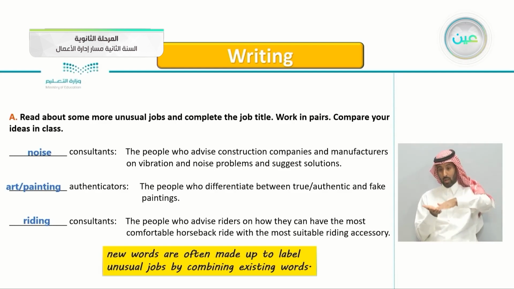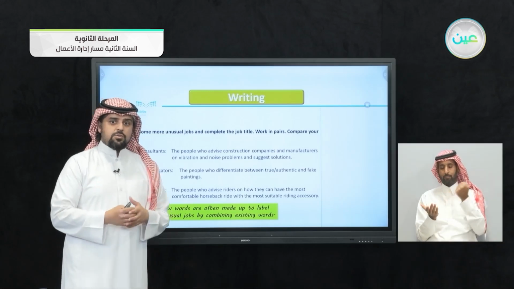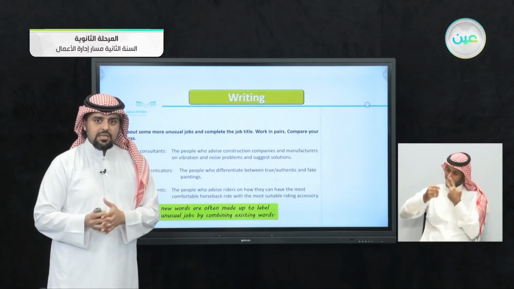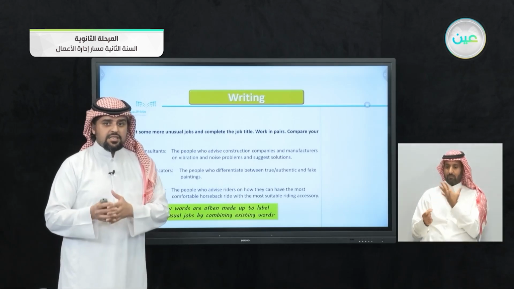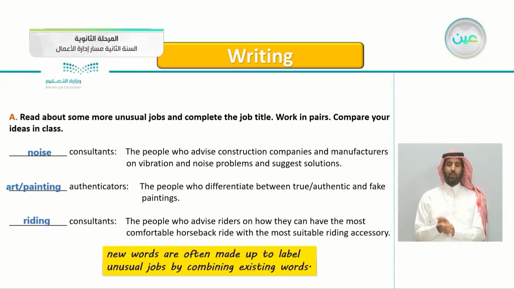So we took two words and combined them, and this is the title of his job, cheese sprayer. And also the odor judger, someone who judges the intensity of the smell of the odor coming from a man. So these are words made up to label some unusual jobs.